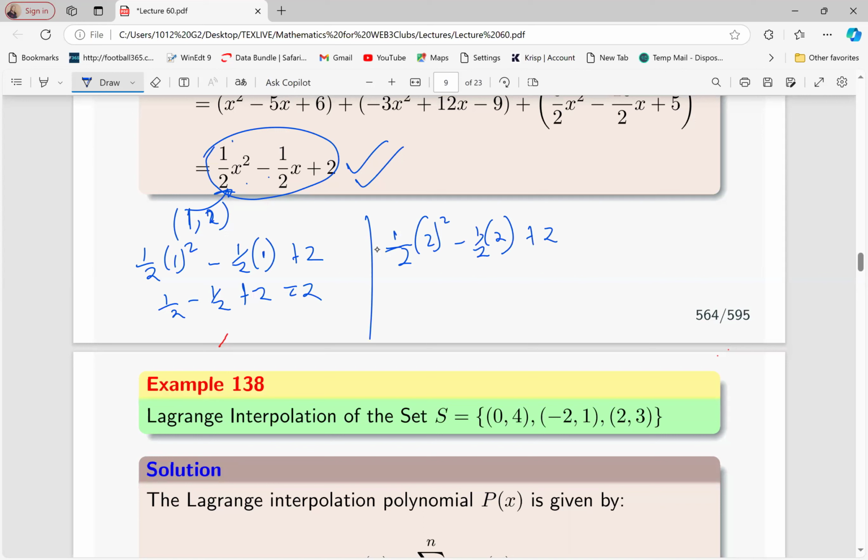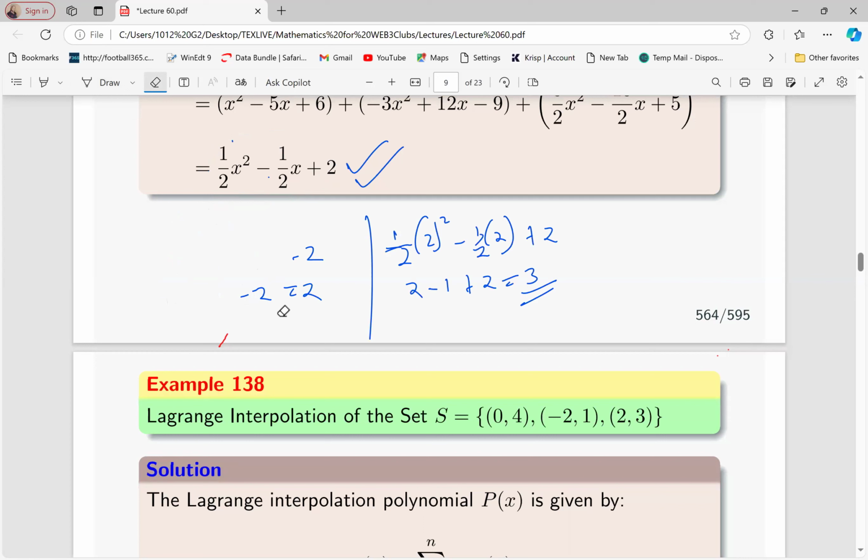Let's see whether that is true. This will be 4 divided by that is 2, and this is -1, then plus 2, and this is 3. You can see it gives you the correct value. So it means the polynomial we come up with is true. It passes through those points. So that's how you can verify.